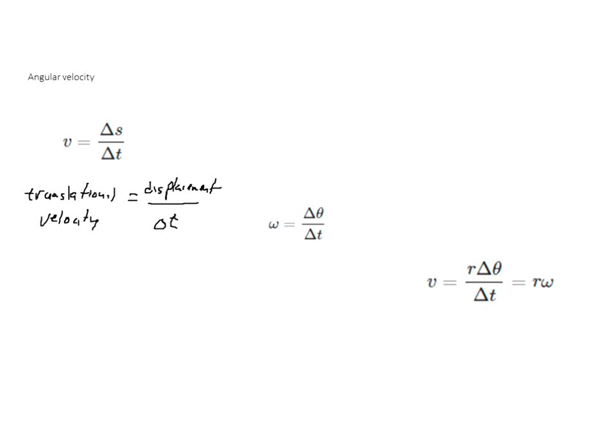If that's the case for translational velocity, then rotational velocity is going to equal angular displacement over delta t.